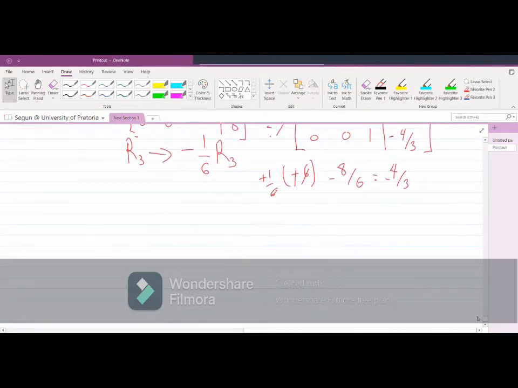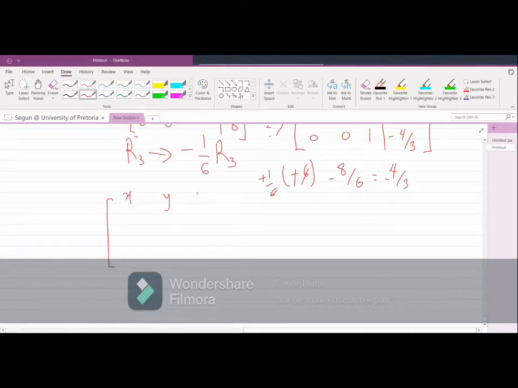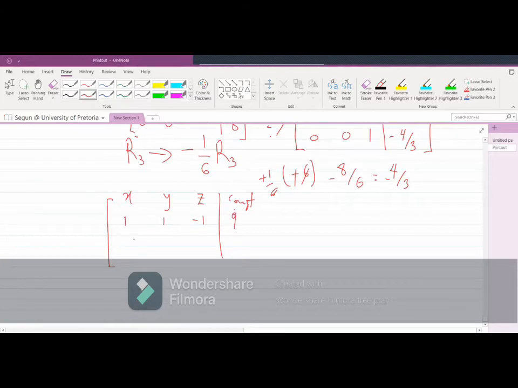So part 2 will now be, we all know that from our equation, let me write the matrix here again. This is first X, Y, and Z. You all agree? This is 1, 1, minus 1. Here is our constant, 9. We have 0, 1, 3. This is 0, 0, 1, and this is 3, and this is minus 4 over 3.